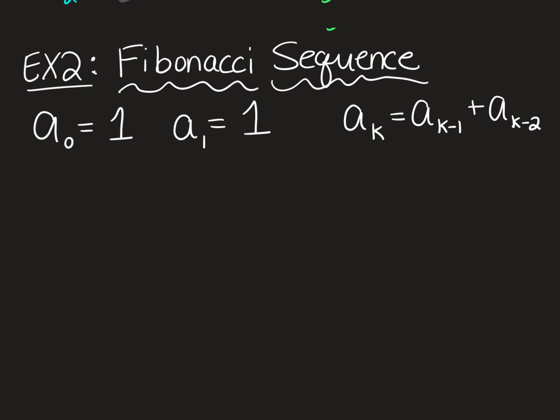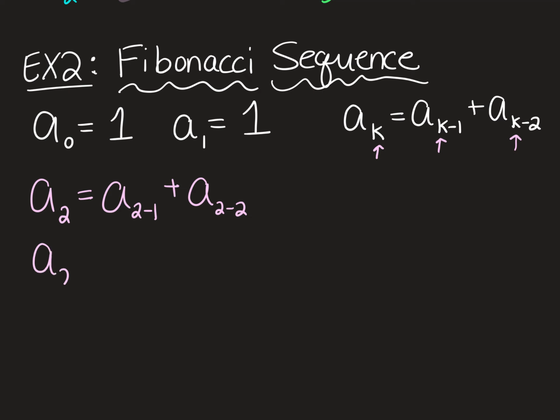So let's find term 2. Okay, so we're going to plug in 2 wherever we see our k's. So that means we're going to have a sub 2 minus 1 plus a sub 2 minus 2. Again, I'm going to simplify that just a little bit so it makes it easier to calculate. So to find the second term, we're going to take a sub 1 and add it to a sub 0. Lucky for us, we were given those 2 things.